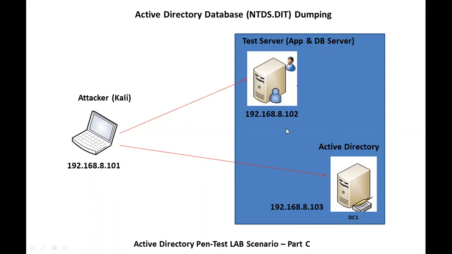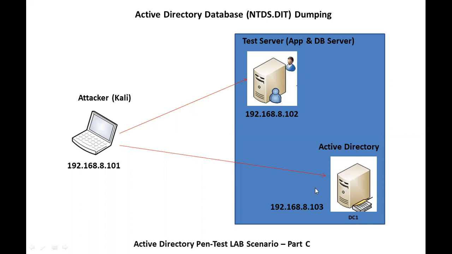On our previous series, we were able to exploit the Active Directory because it is running SMB protocol version 1. We exploited that vulnerability using Metasploit, and we were able to create a backdoor and create a domain user.